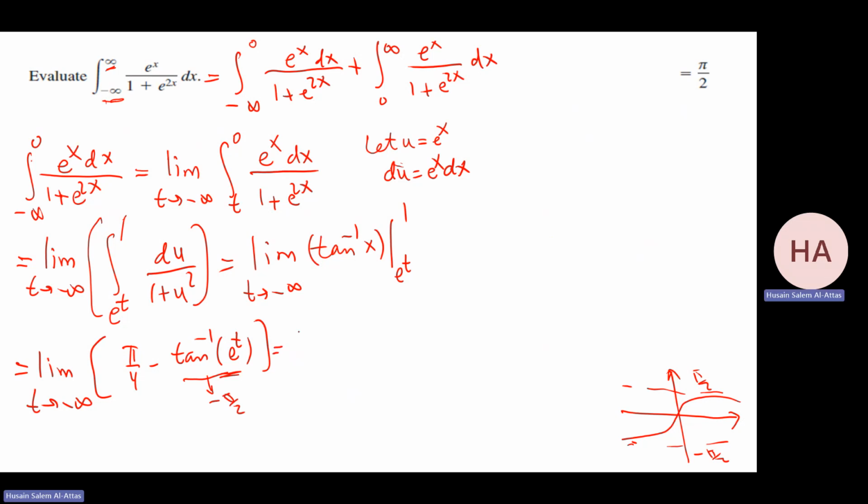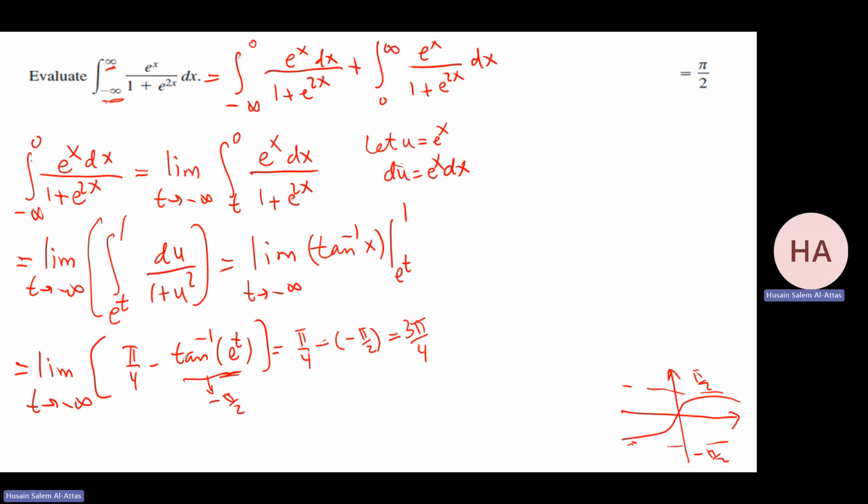So the answer is pi over 4 minus pi over 2. And that is 3 pi over 4.